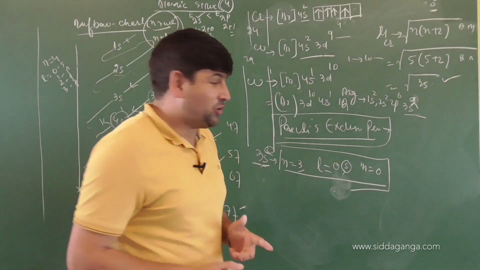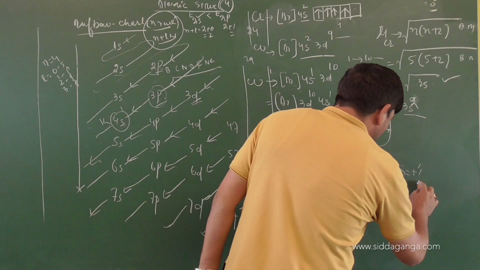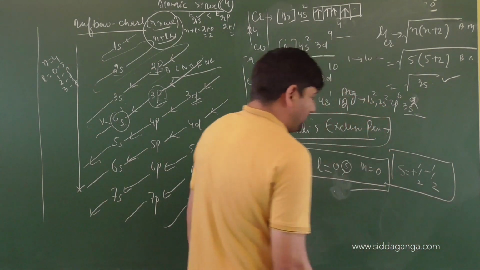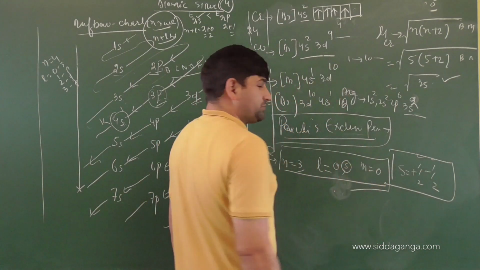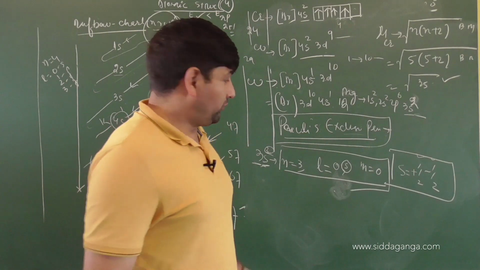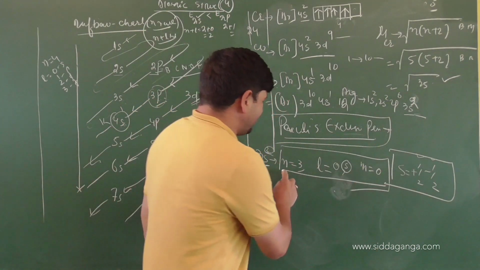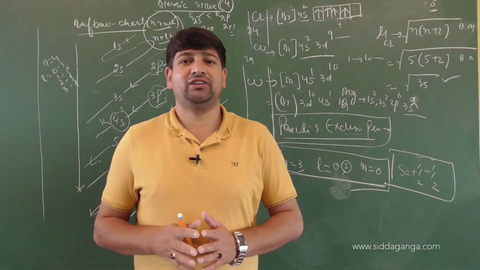So what will be the spin quantum number? It is plus half and minus half. So is the spin quantum number the same or different for these two electrons? It's not the same, it is different. This is what Pauli's principle states. Once we are done with the applications of quantum numbers, you will get more clarity on how exactly I got these values here. Am I clear with the thought here, children?